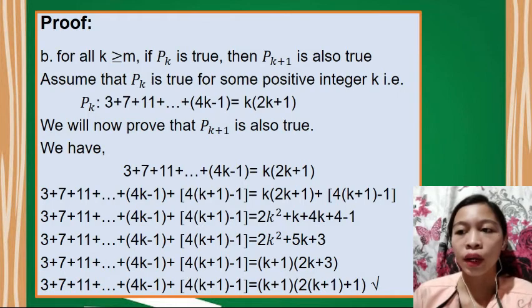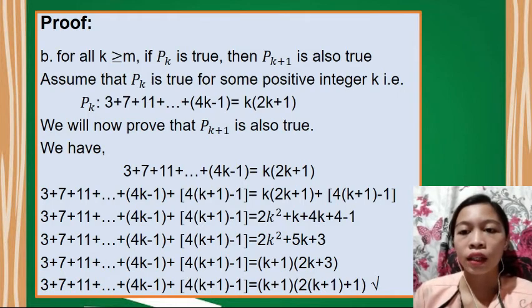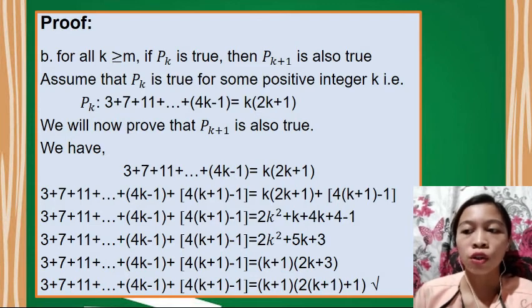So we can actually copy this one and evaluate this one. So k times 2k is equal to 2k squared plus k plus 4k plus 4 minus 1. And we combine like terms. So 2k squared plus the two terms that are the same, k plus 4k, so that is equal to 5k plus 3.